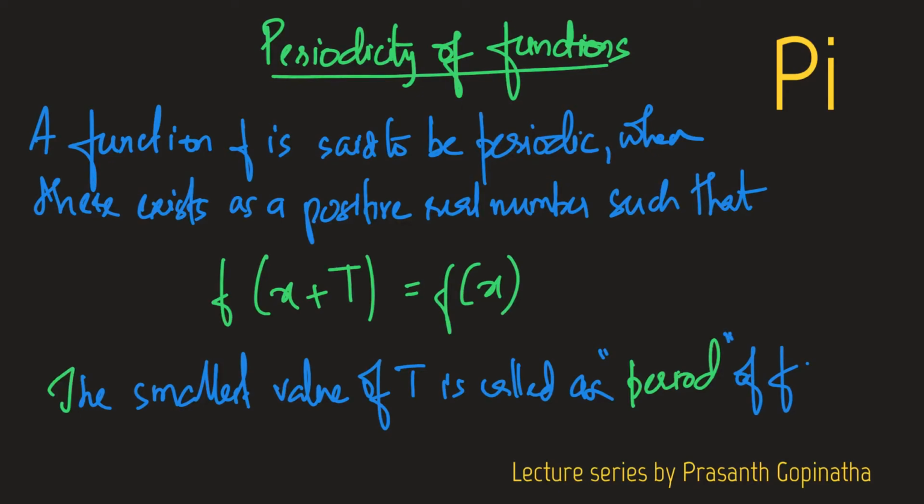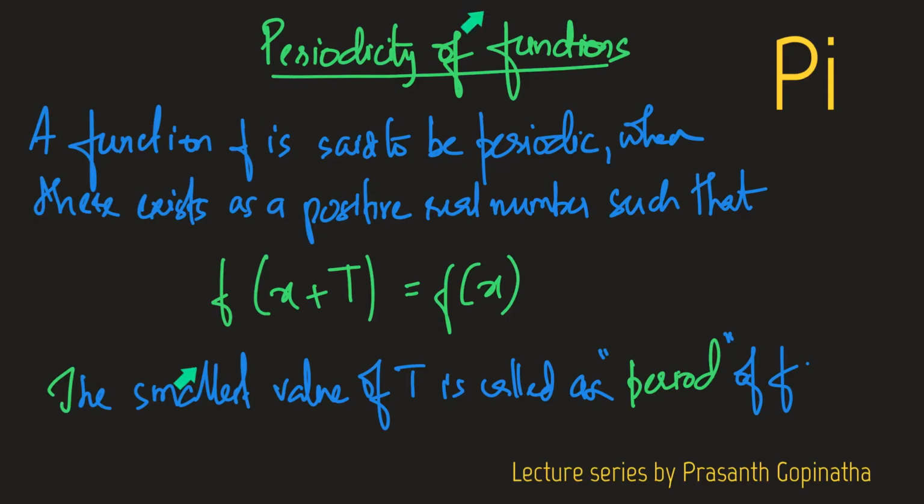So this is the fundamental concept. We shall discuss it later. For the time being, just understand that a function can be periodic when f of x plus t is equal to f of x. This expression can have many values of t, and the least one is what we call the period of f. So that's it with the definition.